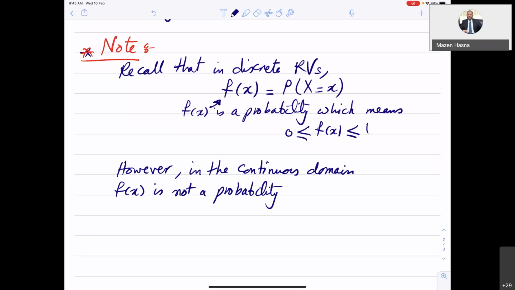So f of x is not a probability, but rather a function used to calculate probabilities.